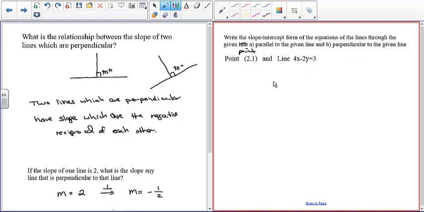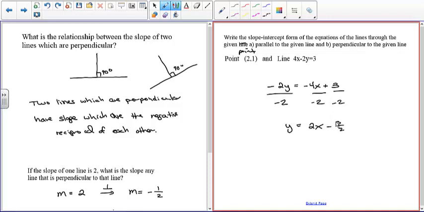So you can do that by taking that and solving for y, which will put it in the slope-intercept form. So I'm taking 4x, moving it to the other side, and then I'm going to divide everything by -2. So that'll get me y is equal to -4 divided by -2 is +2, and I'm going to get -3/2.